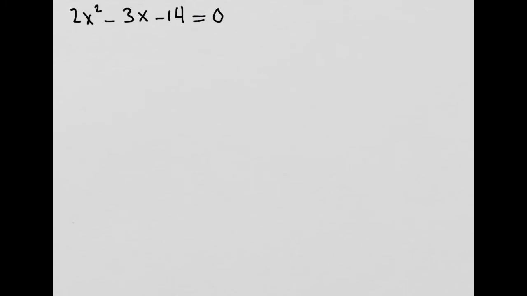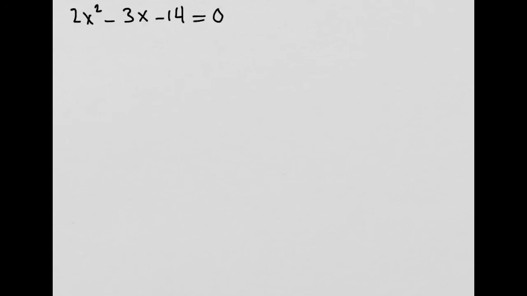To solve this equation, we need two integers that multiply to 2 times minus 14 and add up to minus 3. Two integers that satisfy these conditions are minus 7 and 4. Minus 7 and 4 multiply to minus 28 and add up to minus 3.